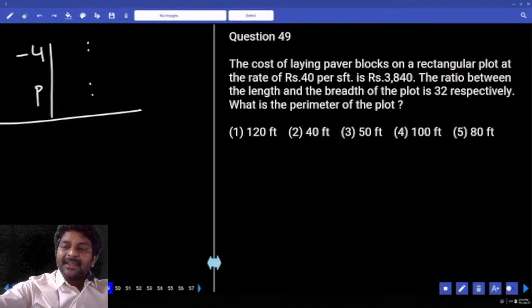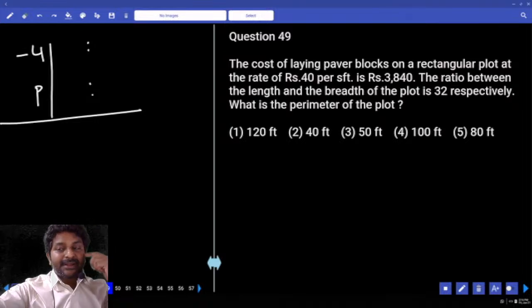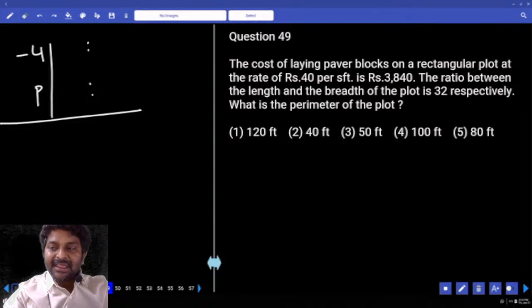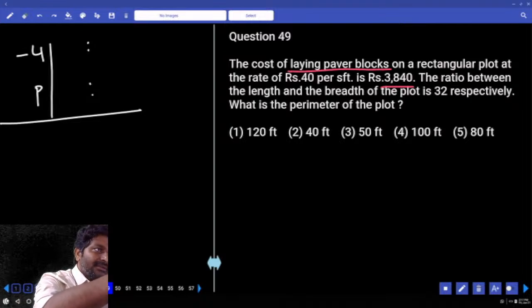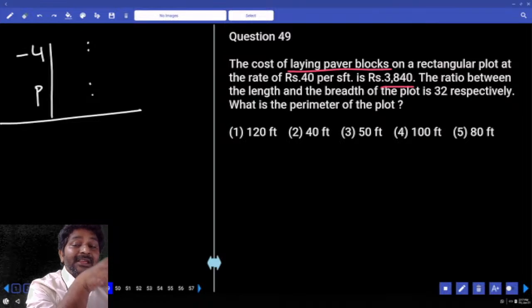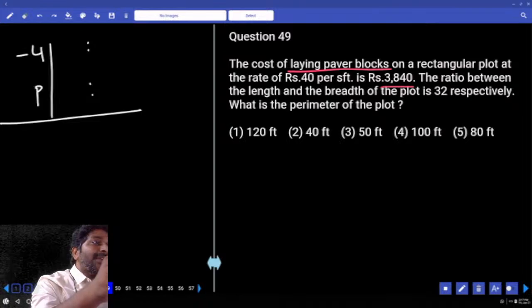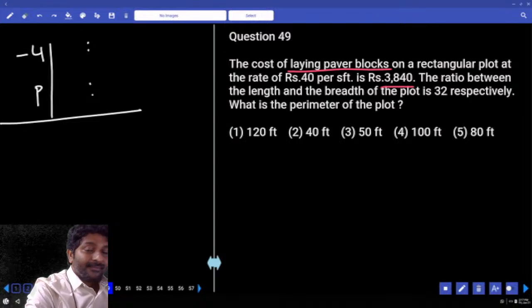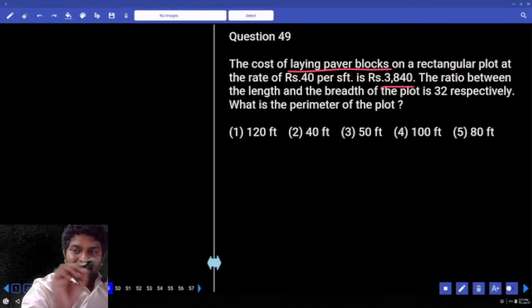The cost of laying paver blocks on a rectangular plot at the rate of 40 rupees per SFT is 3840. Laying paver blocks, that is tiles, right? Come on. Tiles are done for the perimeter or the area? Area.